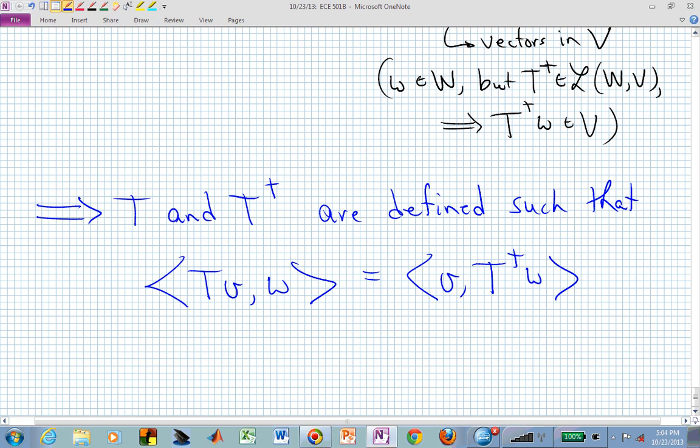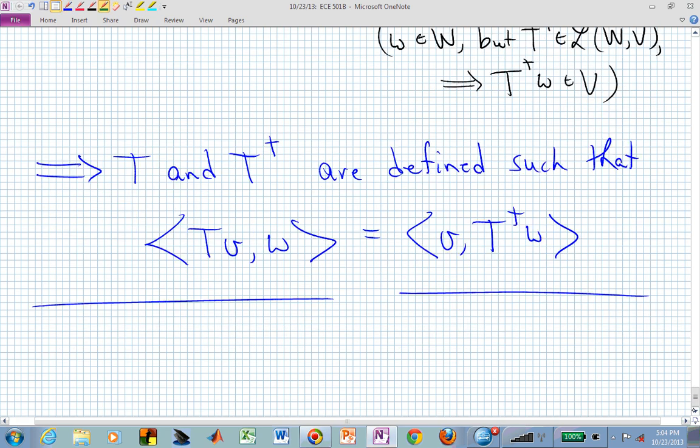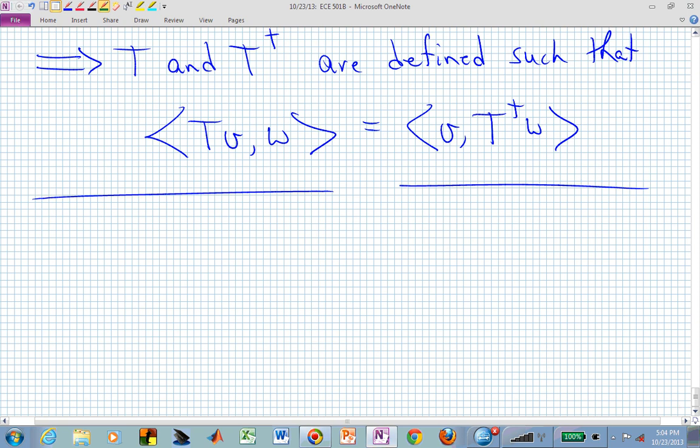Let's put an example to this, and maybe you can at least have something concrete to be thinking about. Right now you might be thinking, adjoint, T dagger, T, what in the world, all these maps going back and forth. I'm not sure what's happening. So let's look at an example.